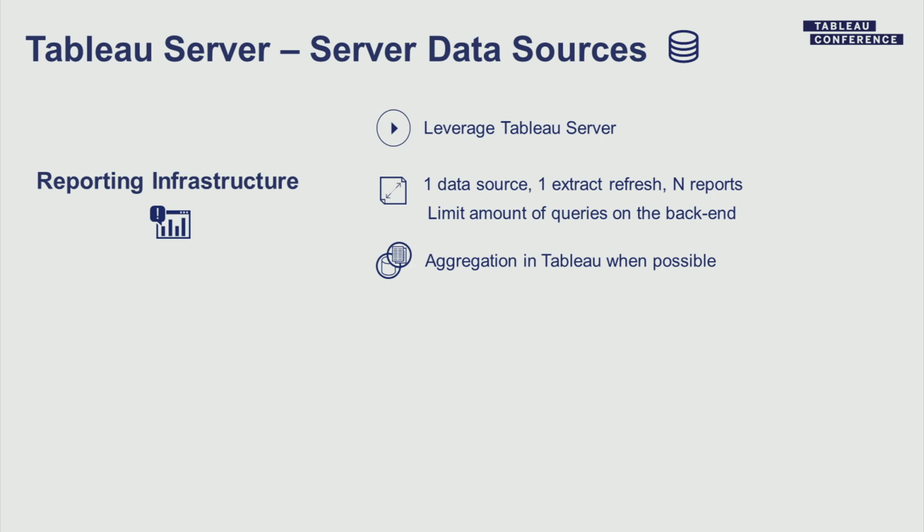So one data source that is flexible, that can allow you to build basically 25 reports on top of it, but that remains also performant. So that's very important. And it also limits the amount of queries in the backend. So we care about all you IT folks. And the aggregation is in Tableau when possible. So even if pre-aggregation is faster in some cases, you get more flexibility if you can choose the level of detail of aggregation directly in Tableau as well.